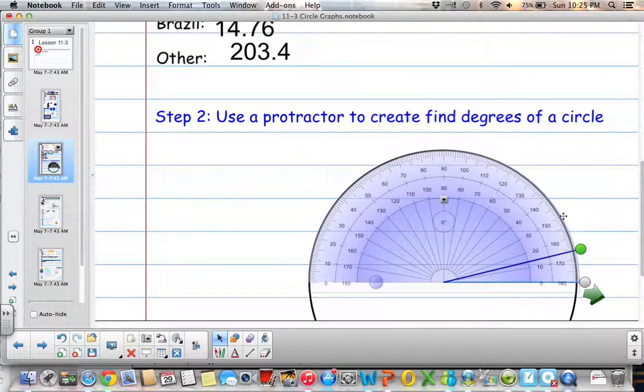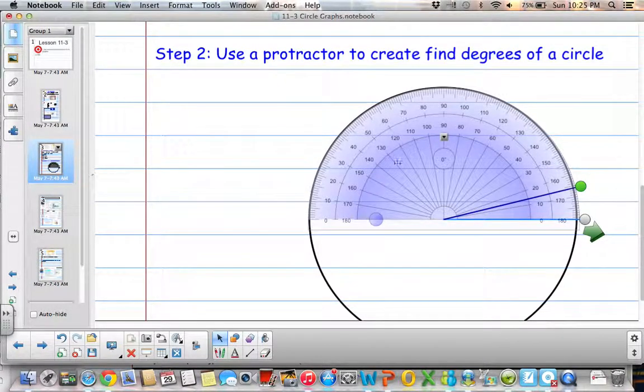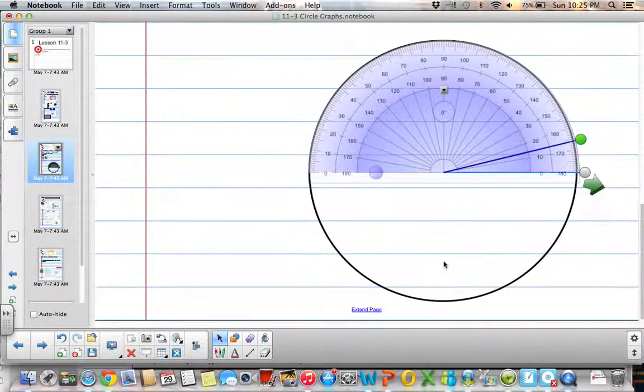So my next section then would be right up to here. Okay? And then I would use that line to create my new section and my new section. And in the end, hopefully, and because we have decimal points, but in the end, we would hopefully have a section that is 203 degrees, and that would create and finish our whole circle.